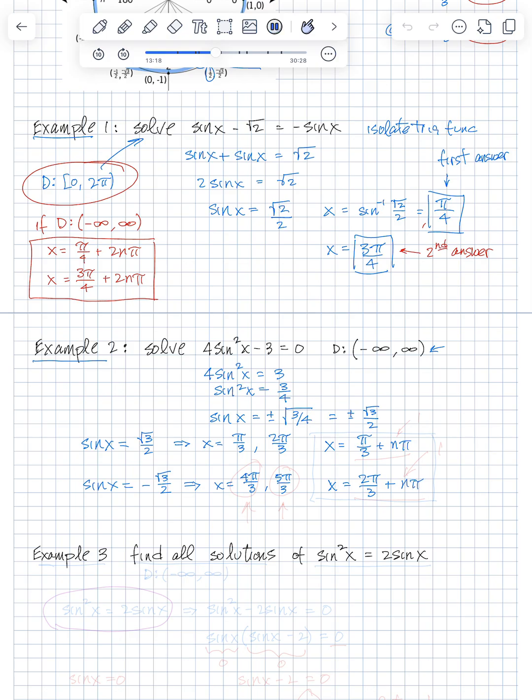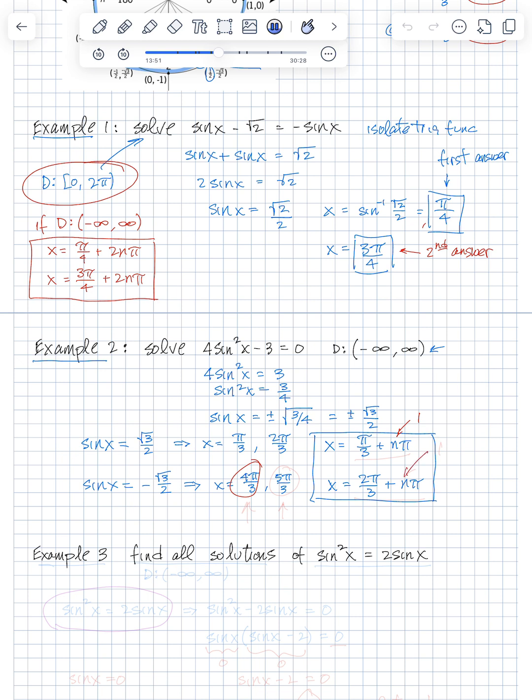The reason we just write this as the answers, and it's n pi instead of 2n pi, is because what would our answer be if n was 1? So let's say this n value here is 1. So pi over 3 plus 1 pi, which is 3 pi over 3, that's going to give us our answer, 4 pi over 3.